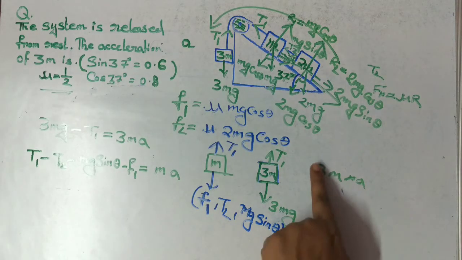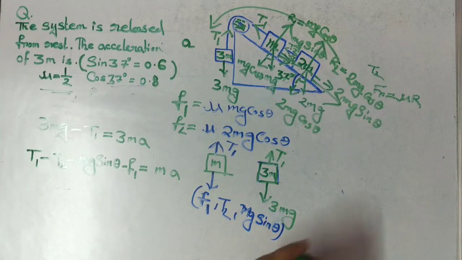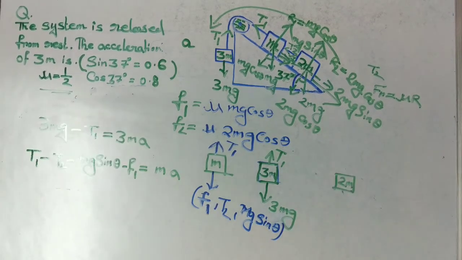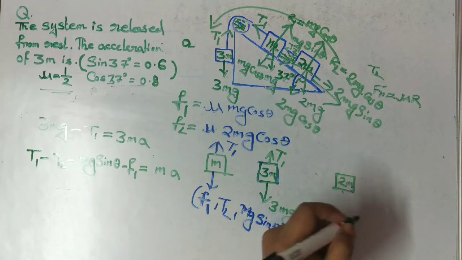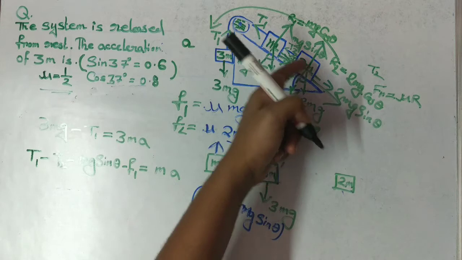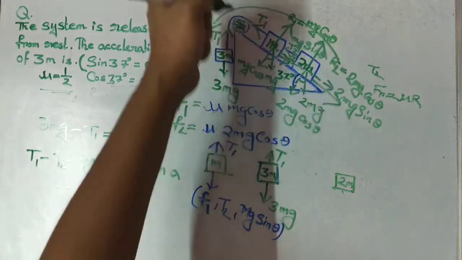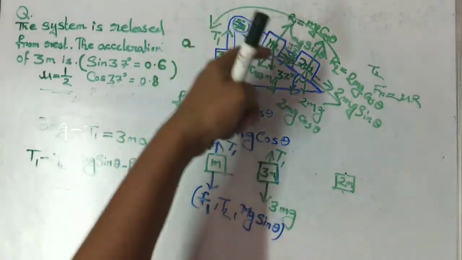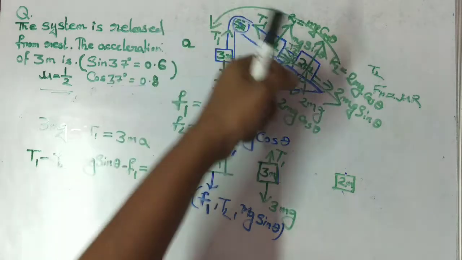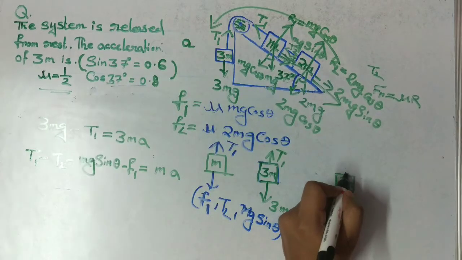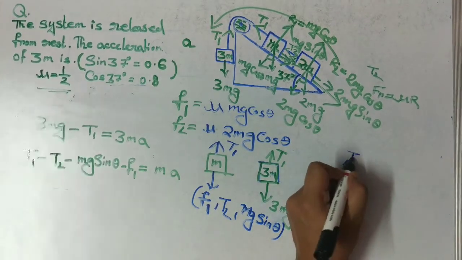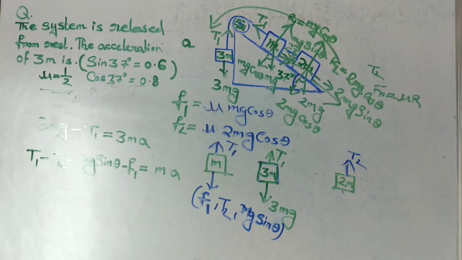And if we consider the mass 2m here, there will be a tension T2, which is pulled by the whole system, m and 3m, pulling this 2m, right? So this will be T2.